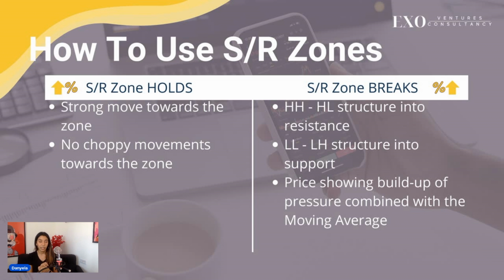And the last point that I want to mention here is if you see that price is showing a buildup of pressure, and you can combine that with a flattening moving average, if it's doing this very close to the support and resistance zone, then it's probably going to break.